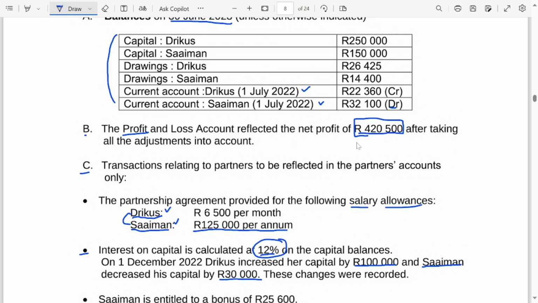Let's start with Rico's. So they're saying Rico's increased her capital by 100,000 and that these changes have been recorded. So this means that this 100,000, the one that was increased on 1 December 2022, is already recorded in this capital of 250 because they said these changes have been recorded.